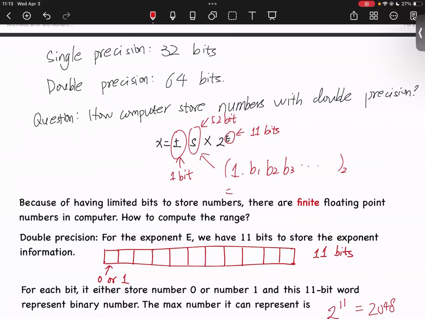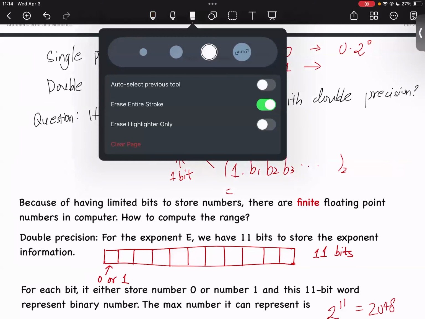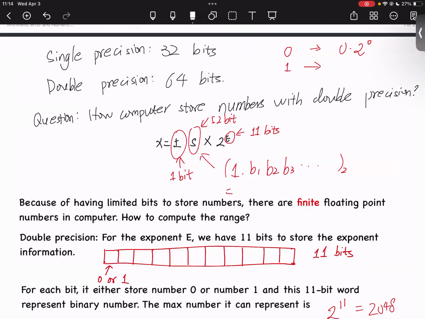Let's take a look at the binary representation. If we have a 0 here, it represents 0 times 2 to the 0, and this is the first place. If we have 1 here, it is 1 times 2 to the 0.